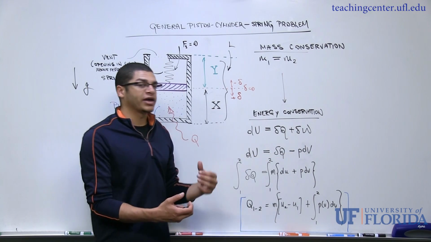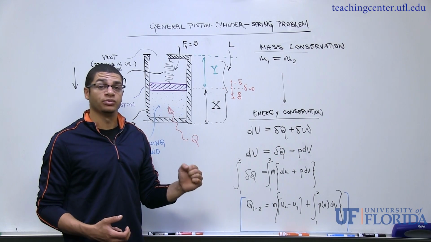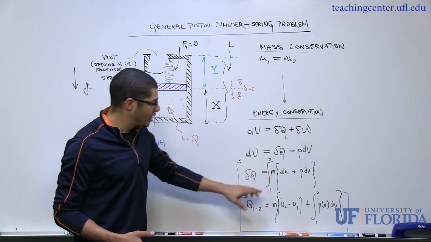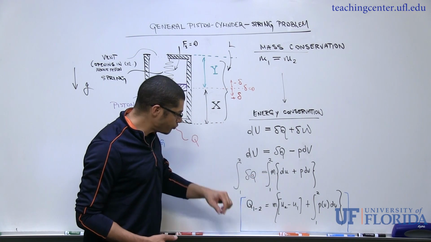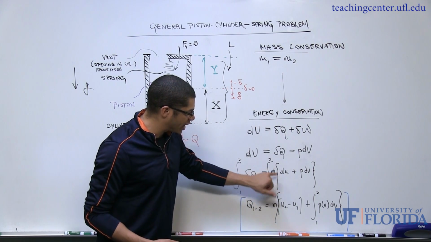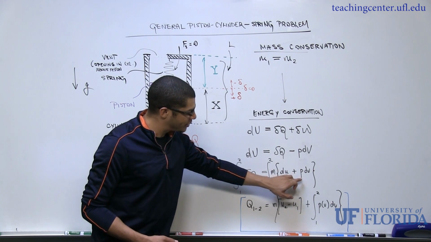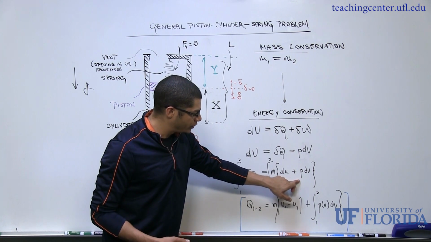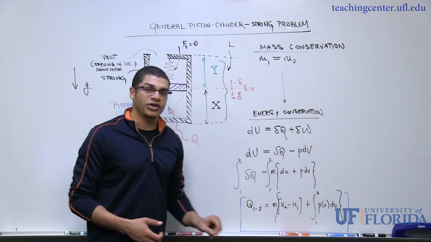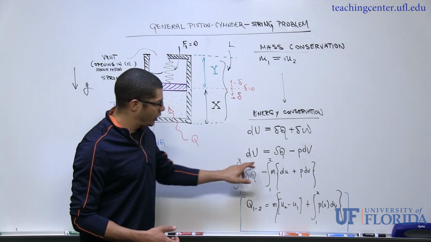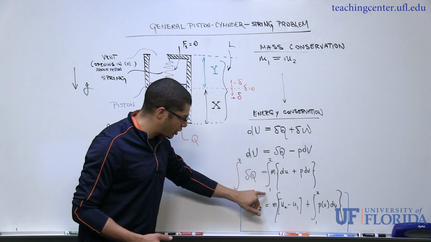Therefore, in both terms, I can actually extract the mass, because it's constant throughout the process, and pull it out front here. And so what we have left over is m times the quantity, the differential change in internal energy, plus the pressure of the working fluid times a differential change in the specific volume of the working fluid, and this entire expression is integrated from state 1 to 2.